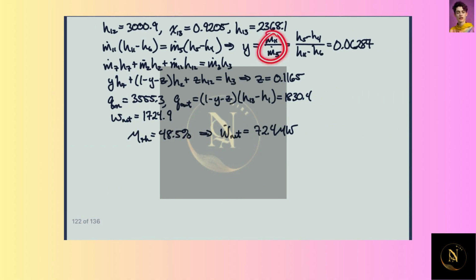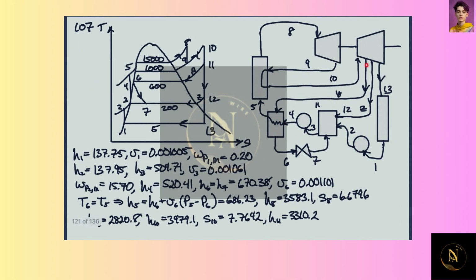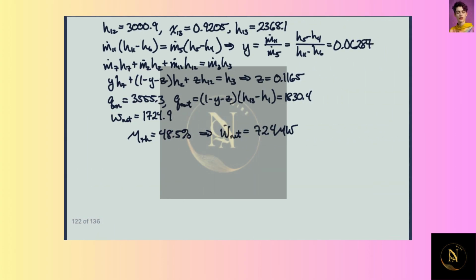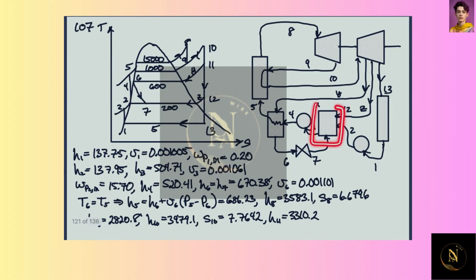So this ratio is Y, the percentage of flow we're extracting at the first bleed, right? And so we can just solve for Y here, or get that ratio, and that winds up being about 6.3%. And now we can do an energy balance on the open feedwater heater here.